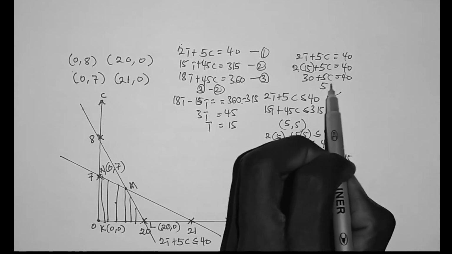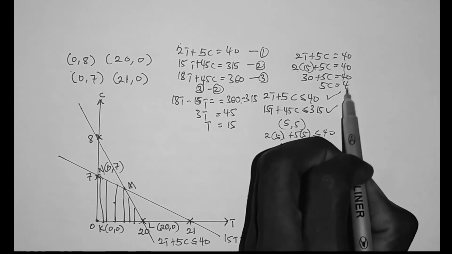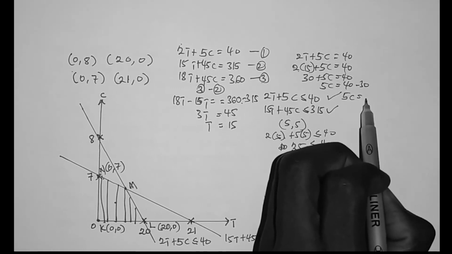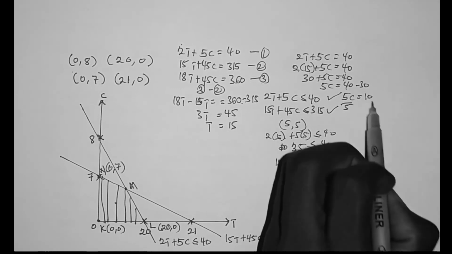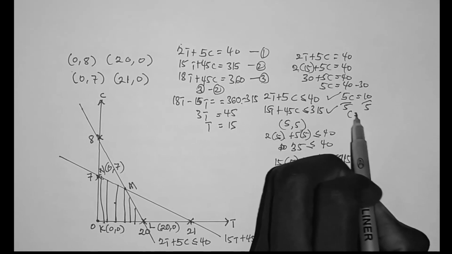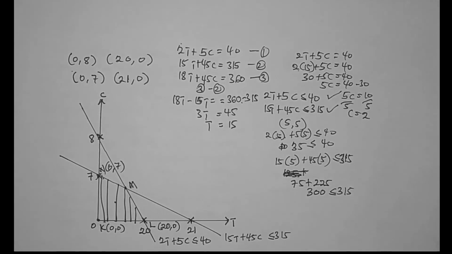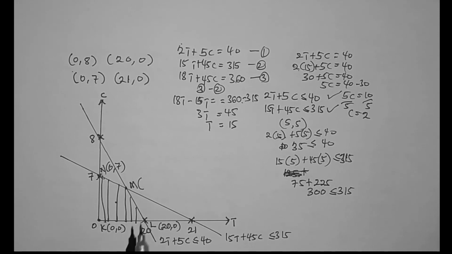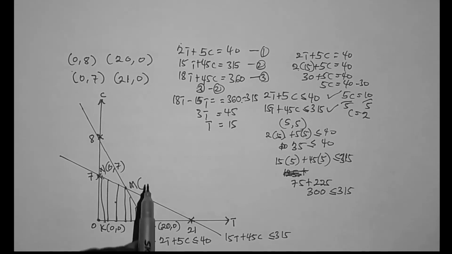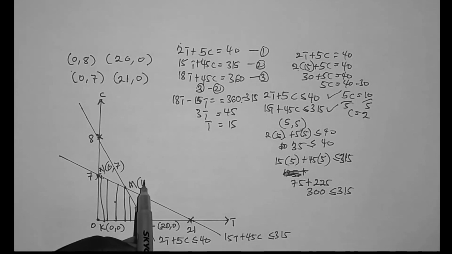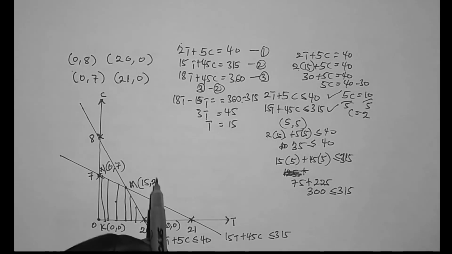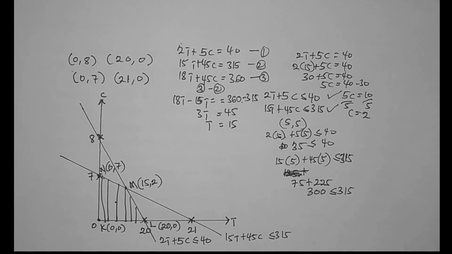So 5C is equal to 40 minus 30, so 5C is equal to 10. Dividing through by 5, C is equal to 2. So this point M has T equal to 15 and C equal to 2, so 15, 2.